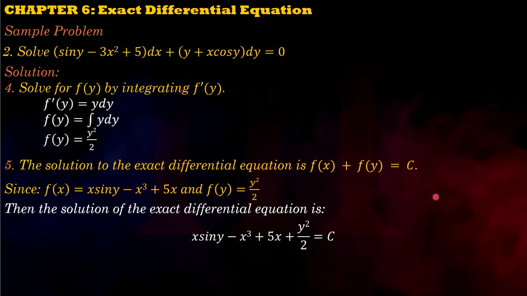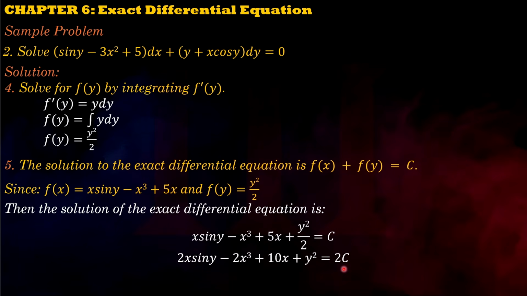Adding those two will give us x sin y minus x cubed plus 5x plus y squared over 2 is equal to c. Maybe we could multiply both sides by 2 so that we could eliminate this denominator. We will come up with 2x sin y minus 2x cubed plus 10x plus y squared equal to 2c.